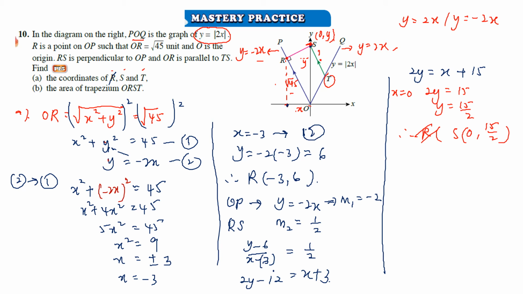The gradient of RS is 1 over 2, and ST is parallel to OR, so the gradient of ST is the same as this one, which is negative 2.